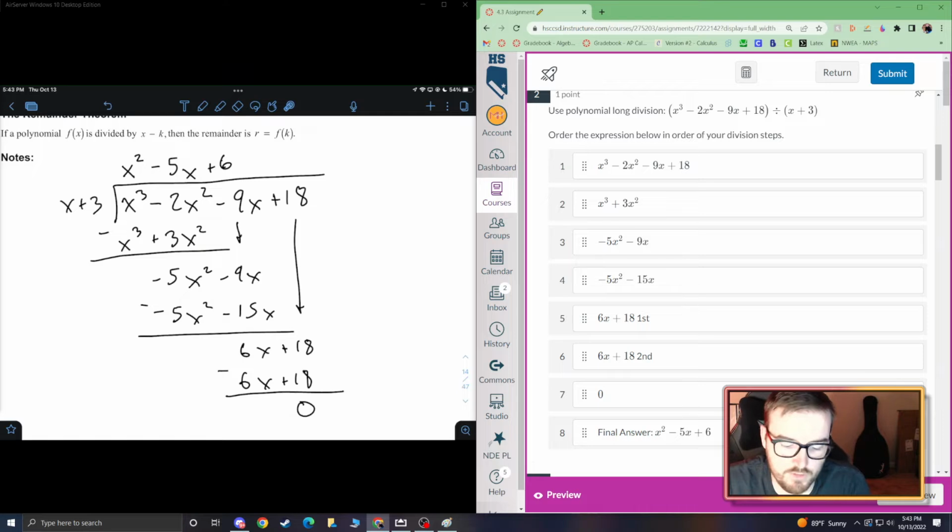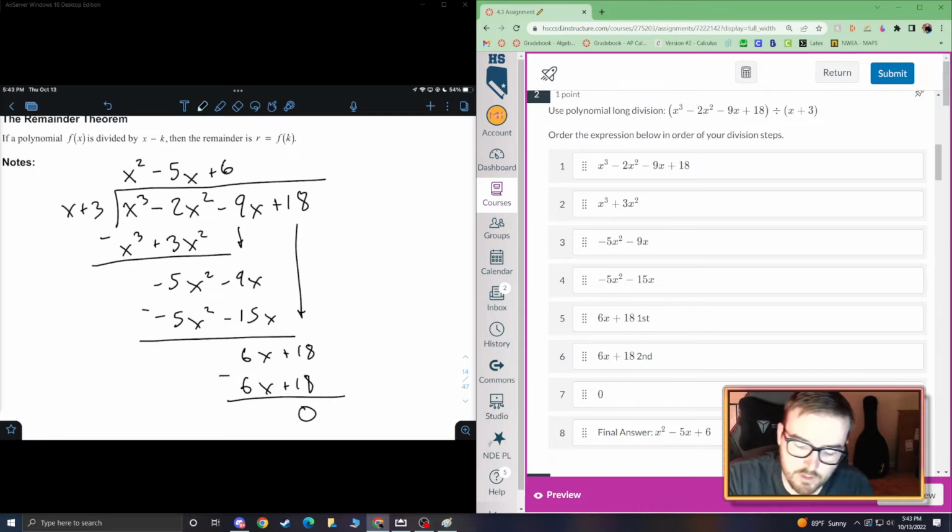If you get a remainder of 0, think about just regular numbers, when we say that 50 is divisible by 5 and we get 10, what are we saying there? It's a word that starts with the letter F. It's a factor.